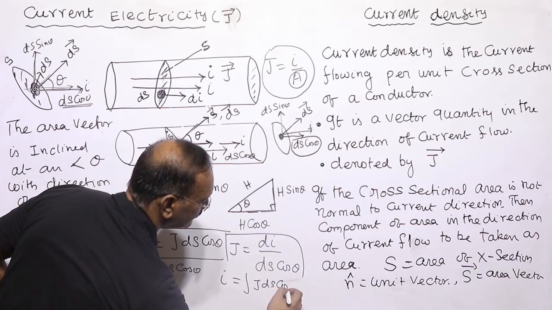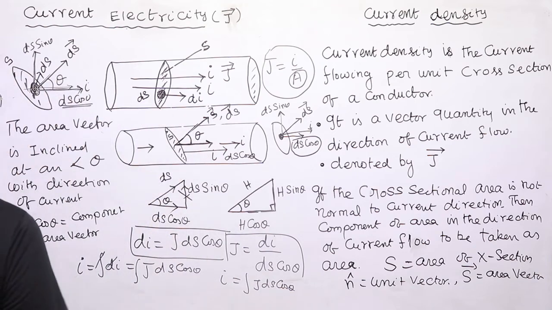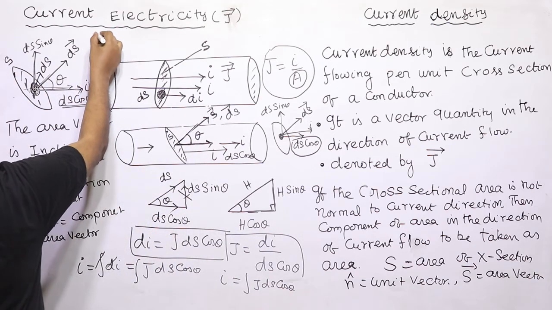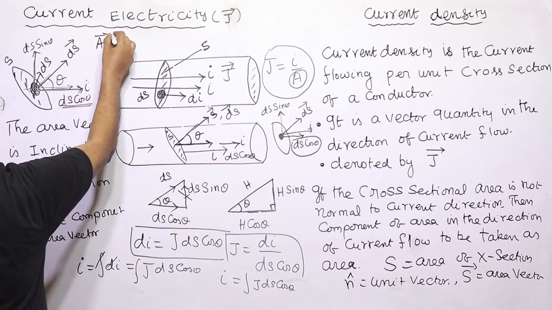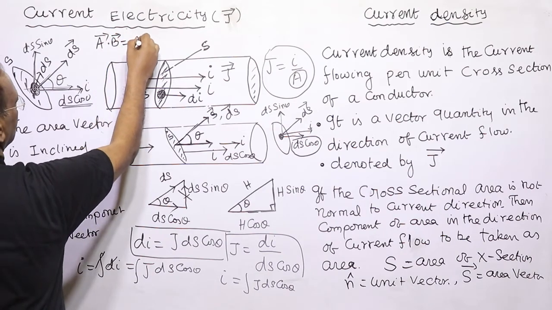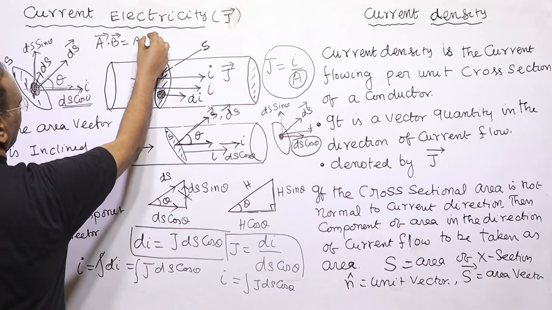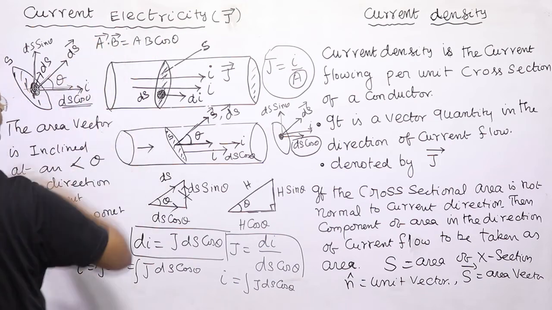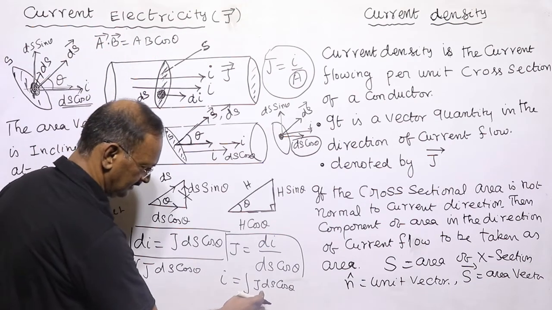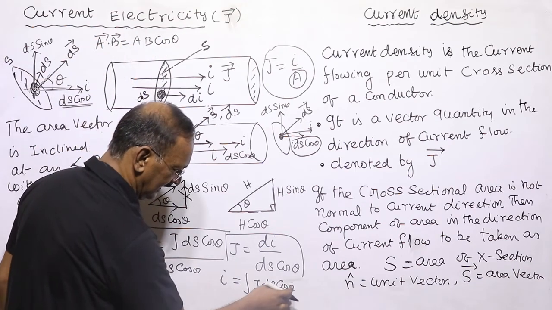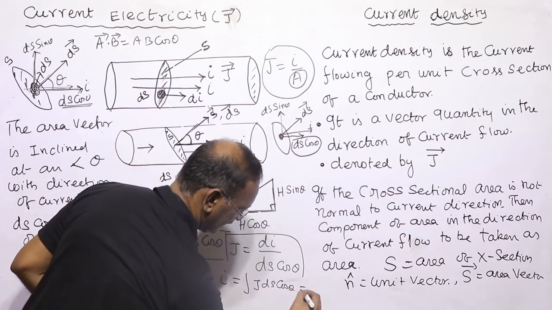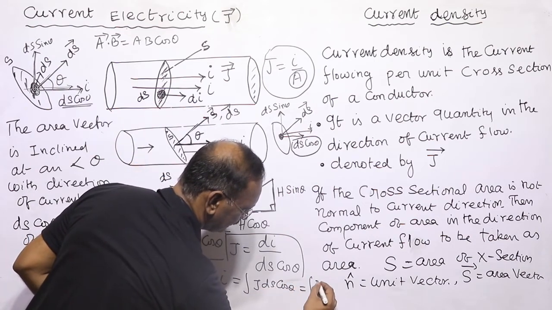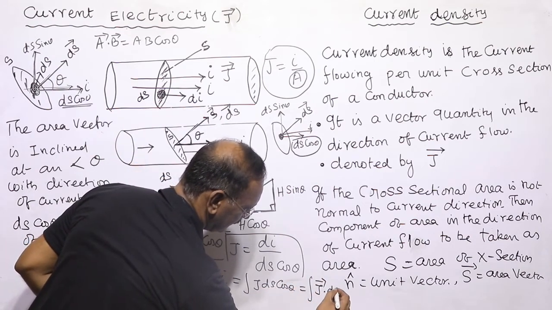Already we have seen in the vector product, the dot product of two vectors is equal to this vector's magnitude, this vector's magnitude, and the cos of the angle between the two vectors. So here J is a vector, ds is a vector, and the angle between J and ds is theta, so we can write the integral of J dot ds.